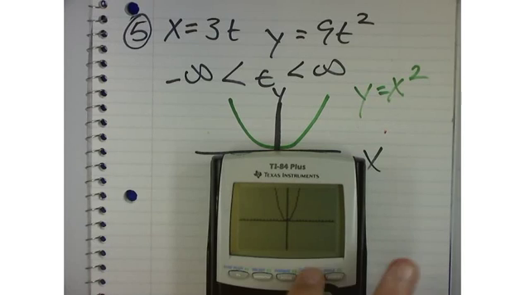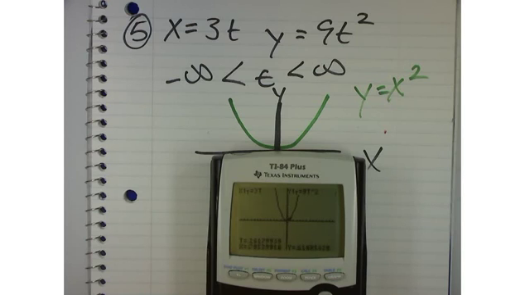So if I hit trace, this will look a little different on the parametric equations. When I go to the left, it's going to change the value of t. You've got to look at the x and y values. See, my y value isn't in the screen yet. So if I start at negative infinity for t, as t increases, what's the path of the curve?